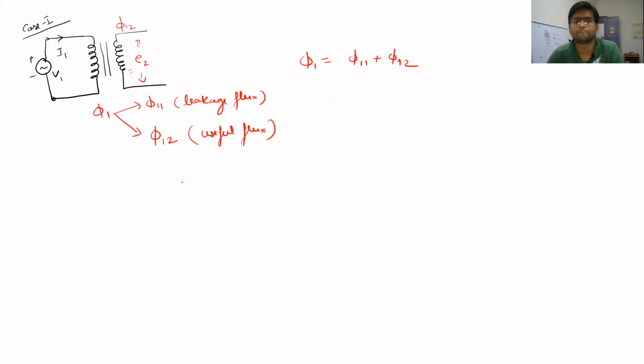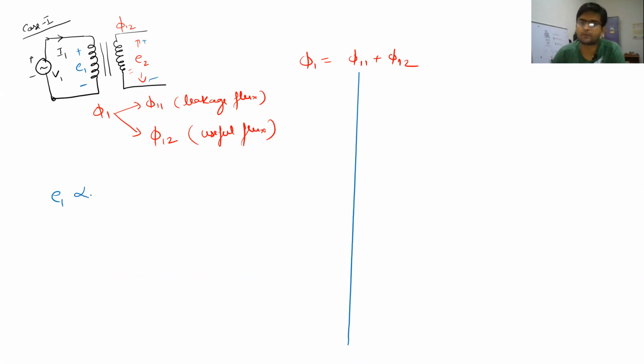So what happens is, when a current I is flowing in this primary conductor, there will be a voltage generated in this coil because of the flux change, and let me call it E1 on the primary side and E2 on the secondary side. So what will be the value of E1?